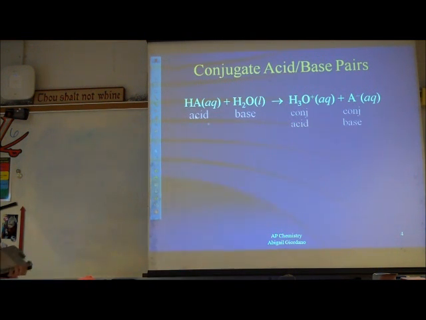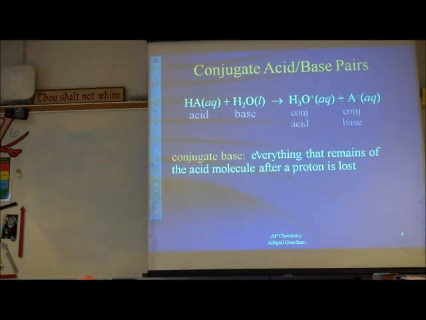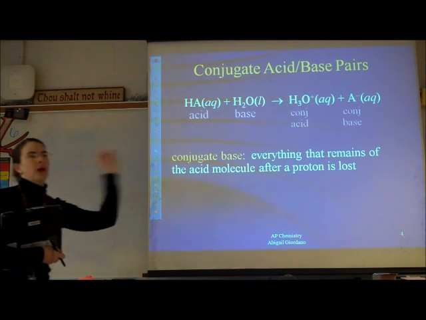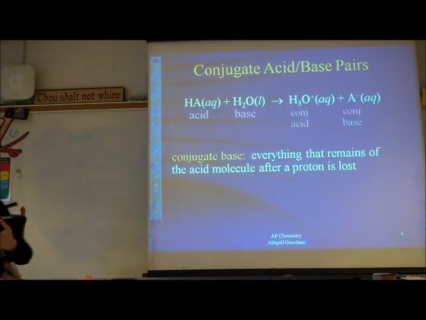Okay? Acid, base, here are some new terms for you. A conjugate base is what your acid turns into after it gives away its hydrogen. Let me say that again.